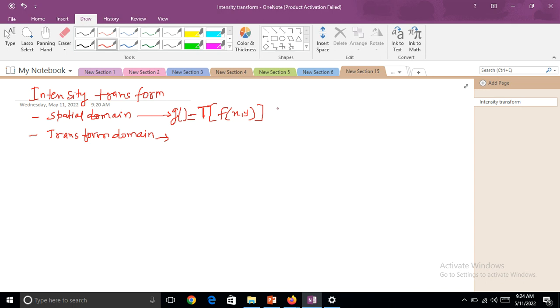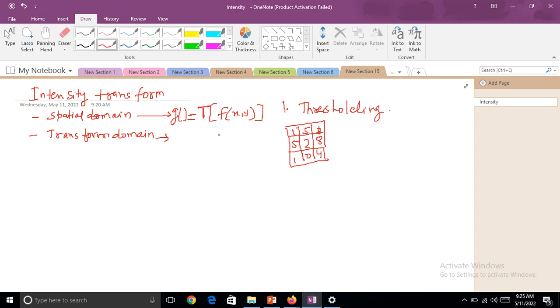For example, let us apply thresholding. In thresholding, let us say we have one grayscale image with values 1, 5, 6, 2, 0, 1, 8, 5, 4.